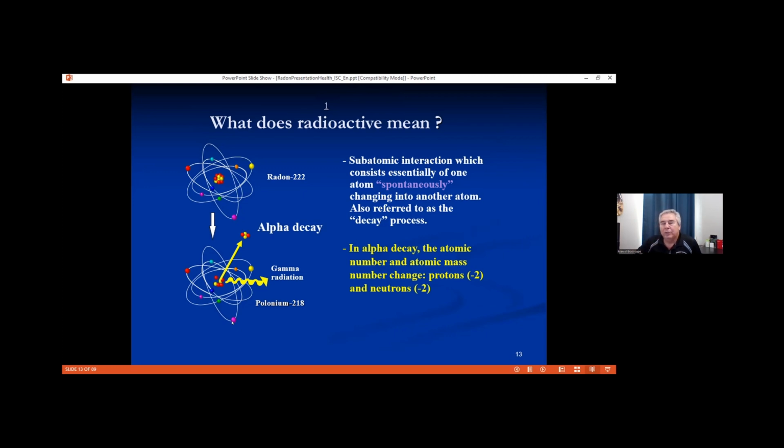And that's why when I was looking at the periodic table, in the recent slides, I pointed out polonium, because polonium has 84 protons. So once that particle gets ejected, it's going to change to polonium, which is a metal, and actually a heavy metal. So we go from a gas to a metal. It's a drastic change. But that's actually what happens when that radon atom disintegrates.